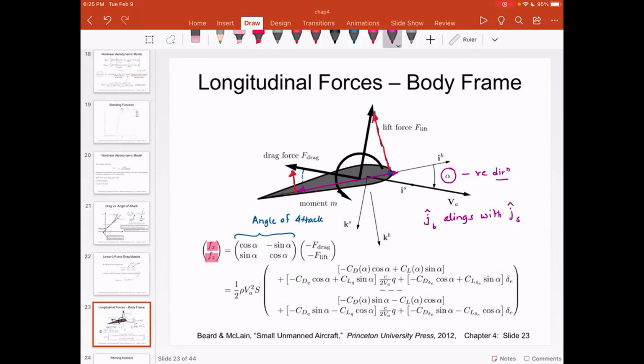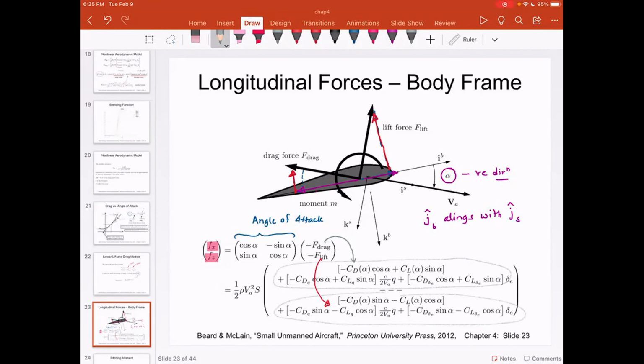Now, what I'm doing in the next part is expanding the equation for drag and expanding the equation for lift. If you look at this whole thing, it is nothing but the equation for drag, and this whole thing is nothing but the equation for lift.